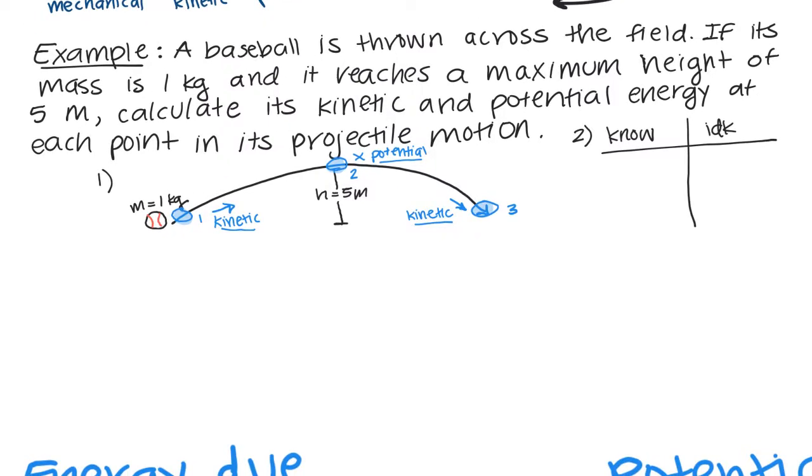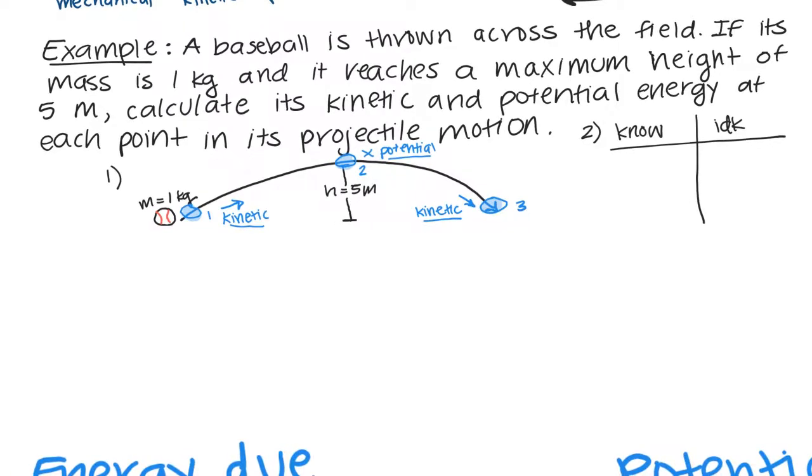So we know that the object has a mass. I'm going to highlight that. It has a mass of 1 kilogram. So I'm going to write M equals 1 kilogram. All right.